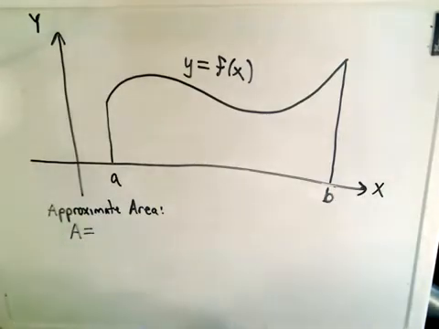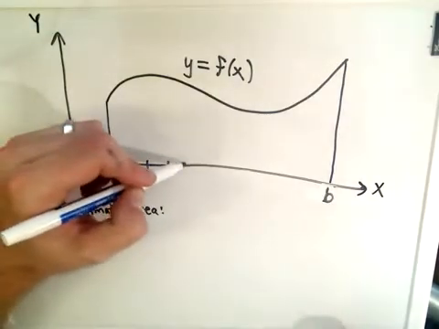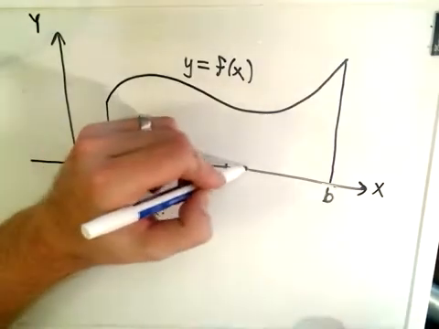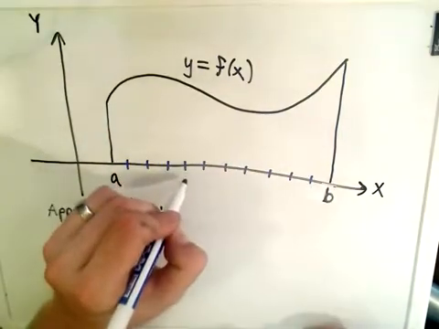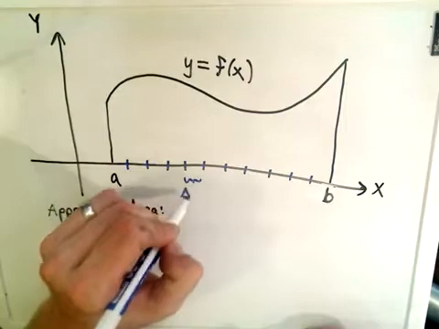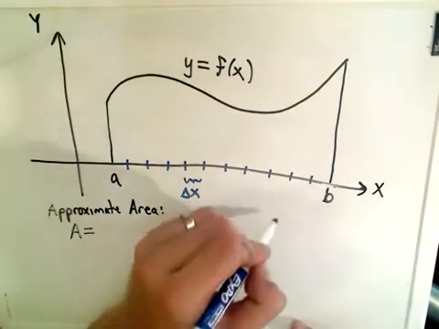A couple things we're going to do. We chop up our interval from a to b into n pieces of equal width. Each piece has a width that we label delta x. What's the value of delta x?